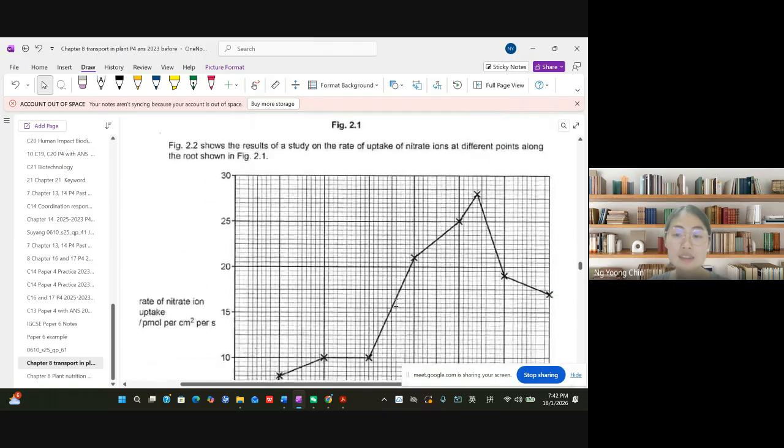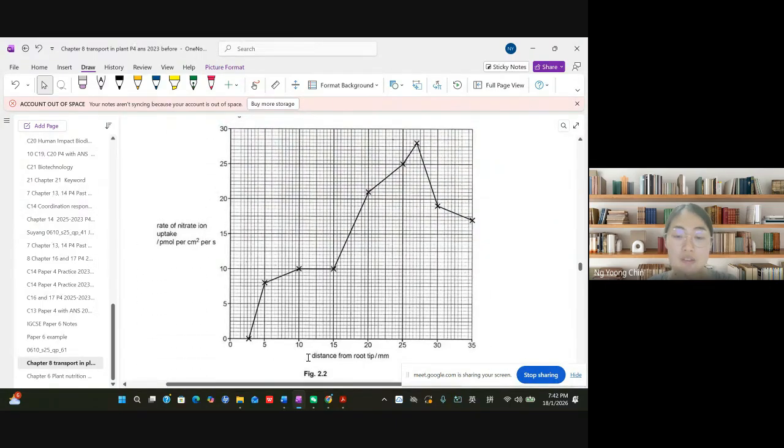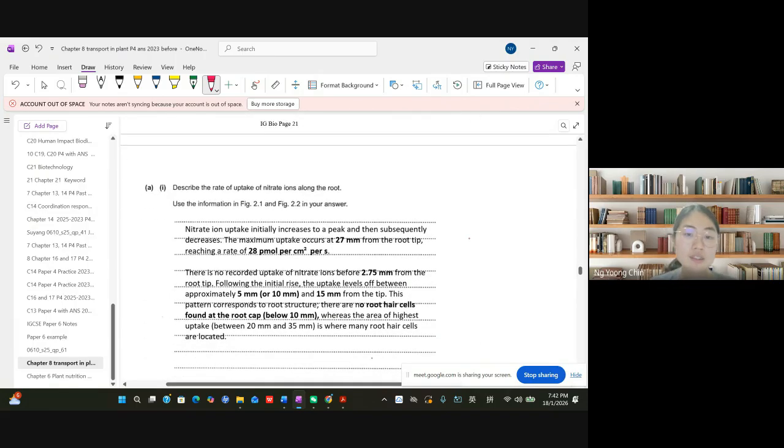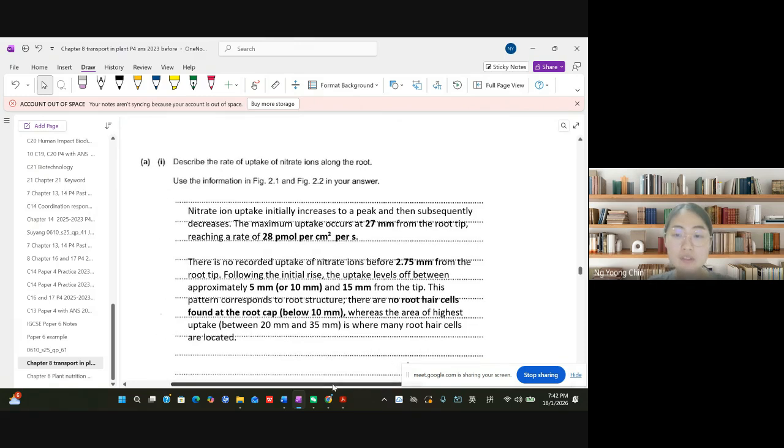Here is the distance from the root tip. As the distance from the root tip becomes longer and further, the rate of nitrate ion uptake slowly increases, and then reduces again. And then describe the rate of uptake of nitrate ions along the roots.